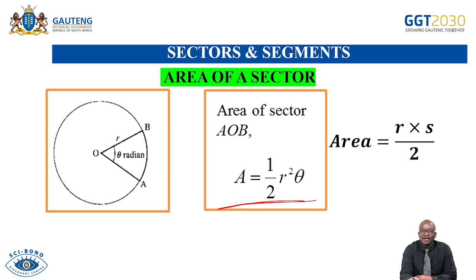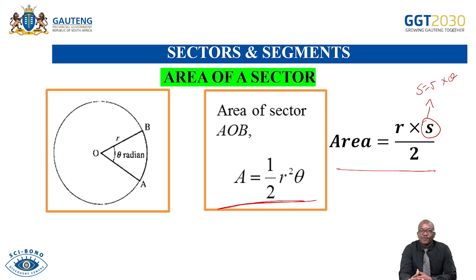So area is equal to 1 over 2 r squared theta, correct? Or they can give it to you in terms of area equal to r multiplied by s all over 2, where you know that s is the arc length, which is s equal to r multiplied by theta. Remember, s is the same as our arc length.